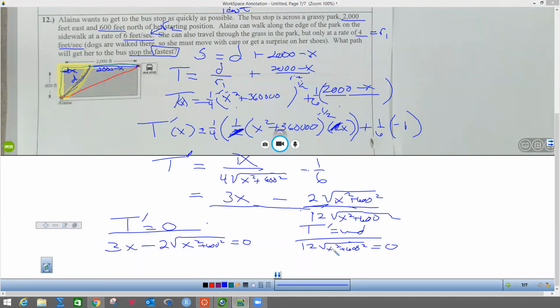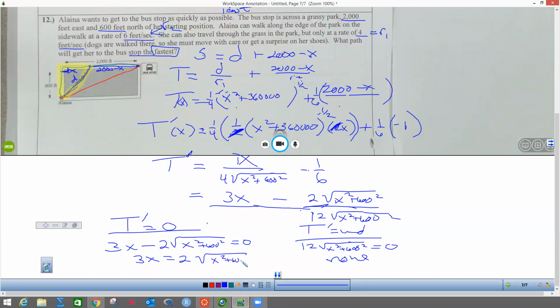So if I square any number and add a number to that, there is no place here where this is ever going to equal 0. If you go through and solve this, you're going to get a negative inside your square root, which tells you there's no answer here. So I get no critical numbers from this. So this is where my critical numbers come from. I have to solve this thing by adding this over here.